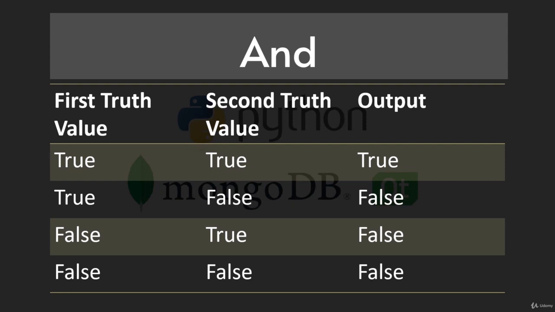No matter what happens, all the things have to be true. If even a single one is false, then that's wrong. That's not going to work. That has to throw false. So for example, if one of them is true and the other one is false, you just throw false. The output is going to be false. If one of them is false and one of them is true, you just say, well, that's not true.